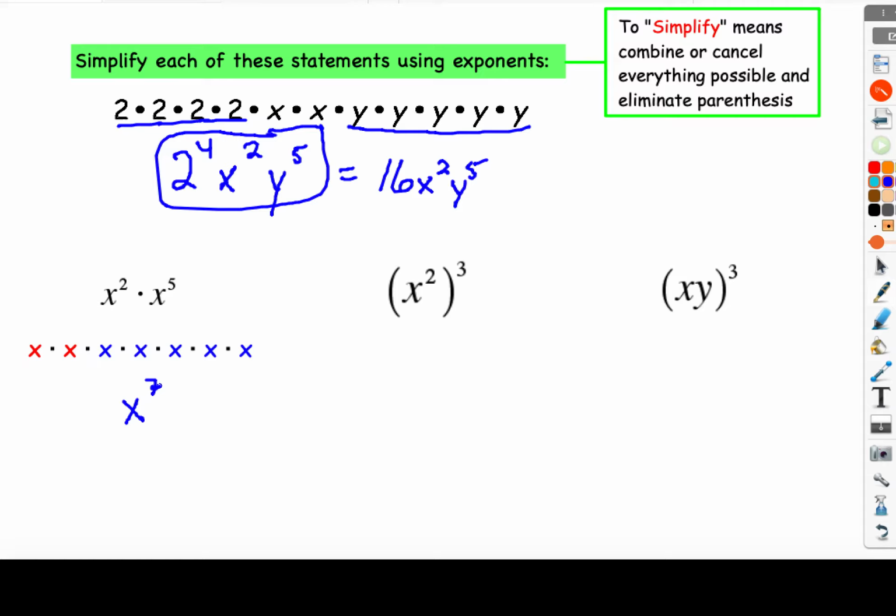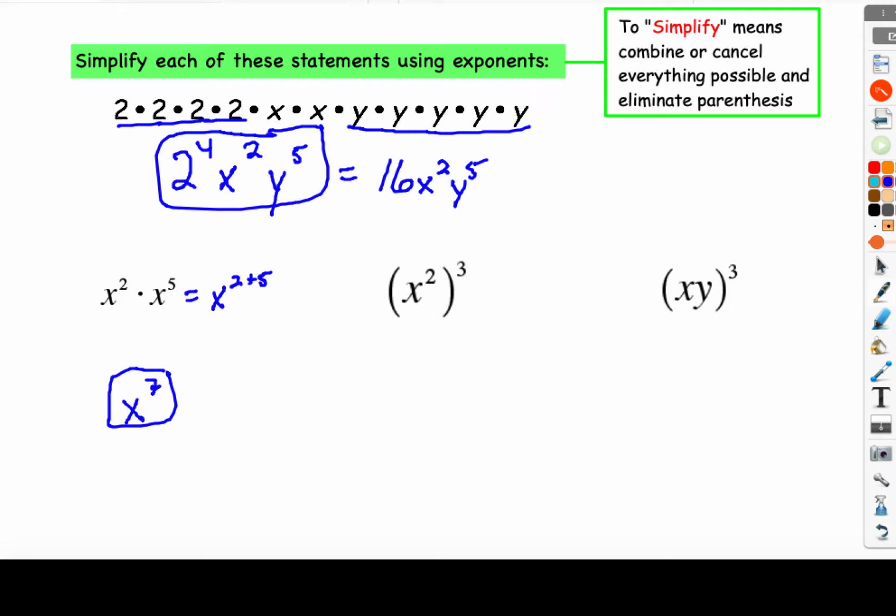Rather than writing out that expanded form, what would be an easier way? Well, x squared times x to the 5th, and 2 and 5 add up to 7. So a shortcut is saying this is x to the 2 plus 5 in that exponent, and again, we'll still get x to the 7th. We'll talk more about that rule in just a minute.